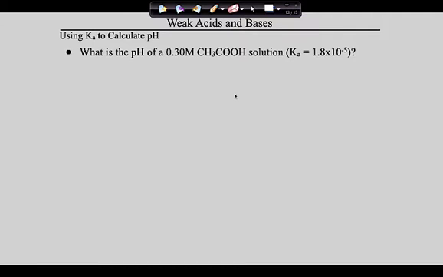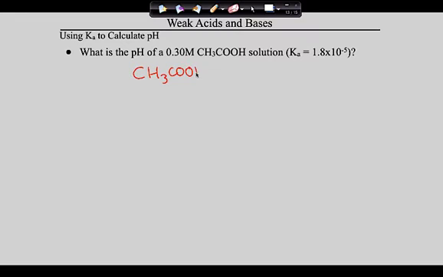So guys, now we're going the other direction. Previously, we were given the pH and we calculated Ka. Now we're given Ka and we are going to calculate the pH. So guys, do this with me. To start, we need a balanced equation.